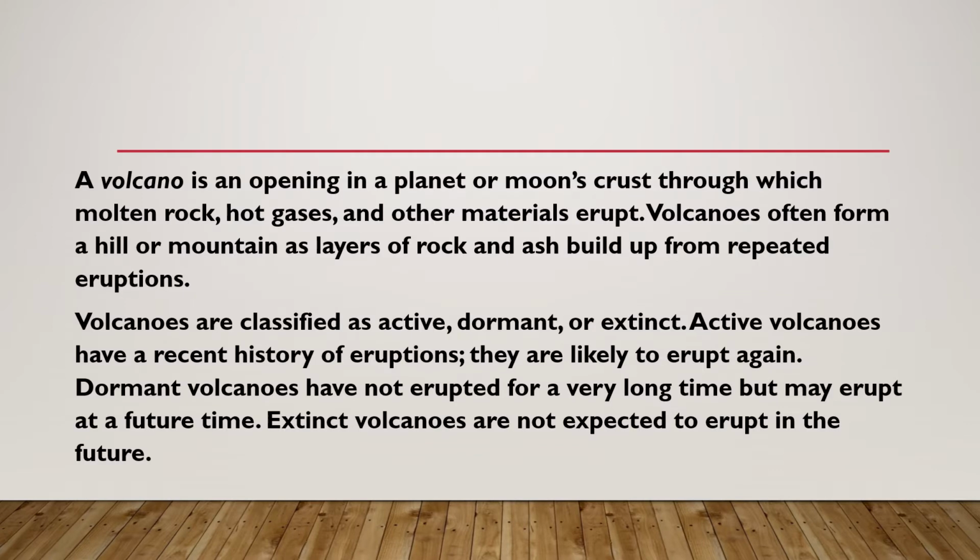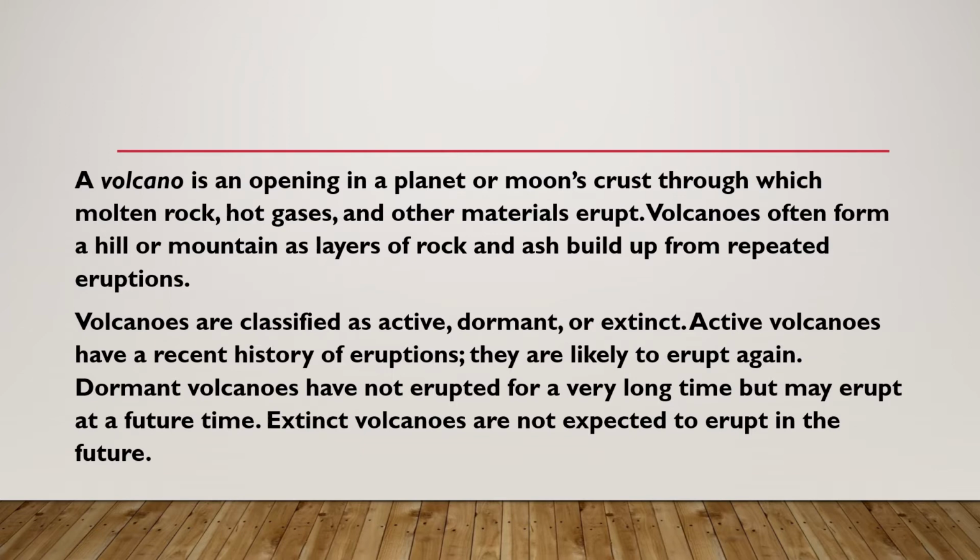A volcano is an opening in the planet or moon's crust through which molten rock, hot gases, and other materials erupt. Volcanoes often form a hill or mountain as layers of rock and ash build up from repeated eruptions. Volcanoes are classified as active, dormant, or extinct.